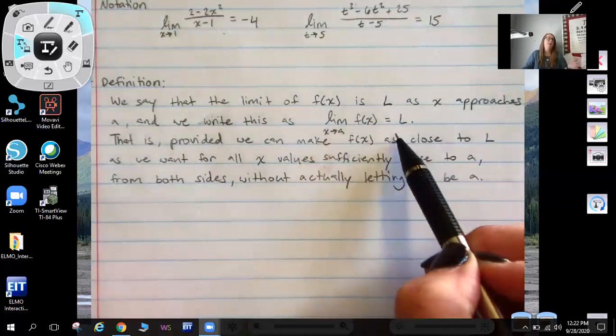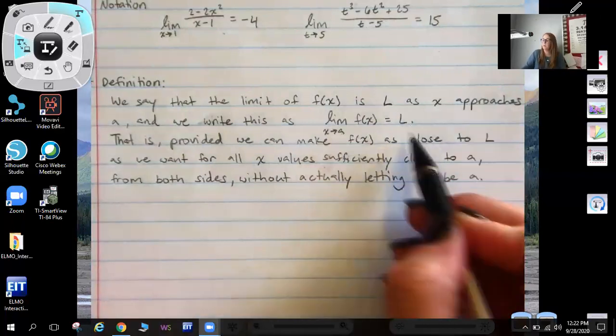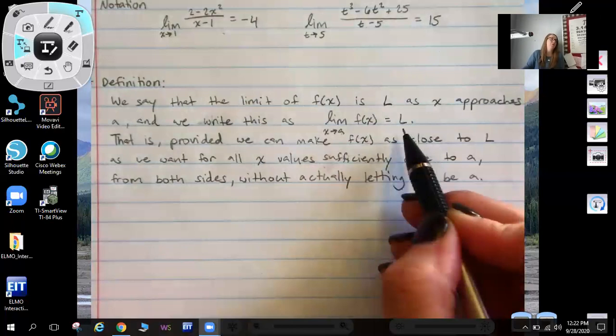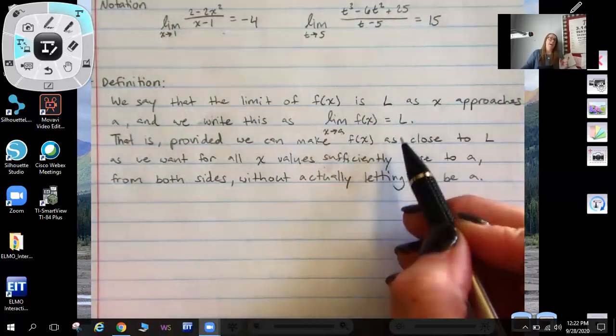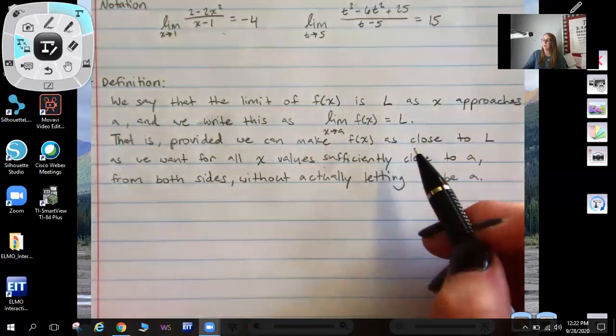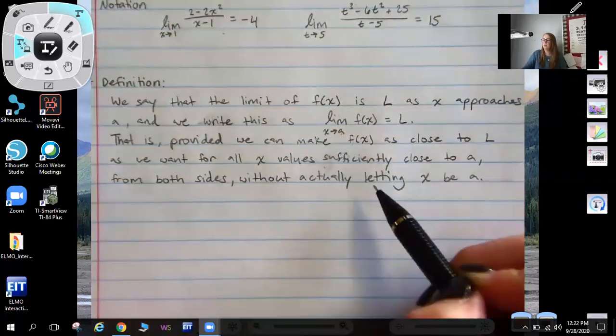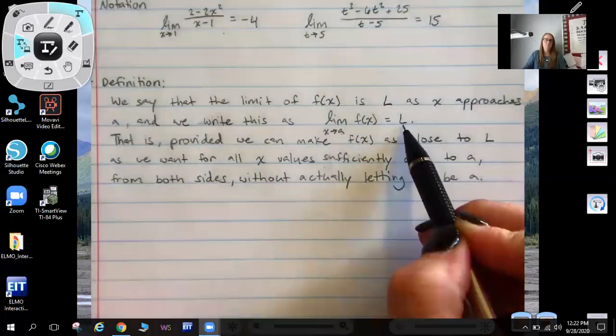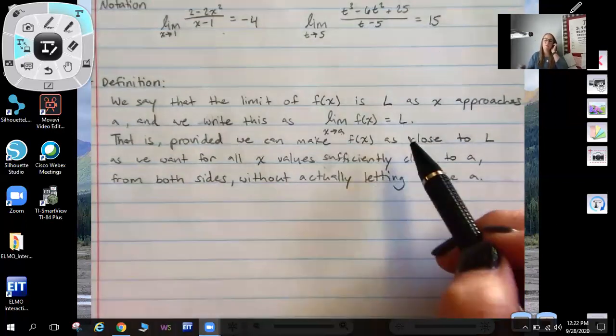That's how we found this value before, by looking at what those numbers were getting closer to. Now we're saying those numbers have to be getting closer and closer to the same number as we get closer and closer to this x value in order for that to be the limit. It's just explaining further what we've already done.